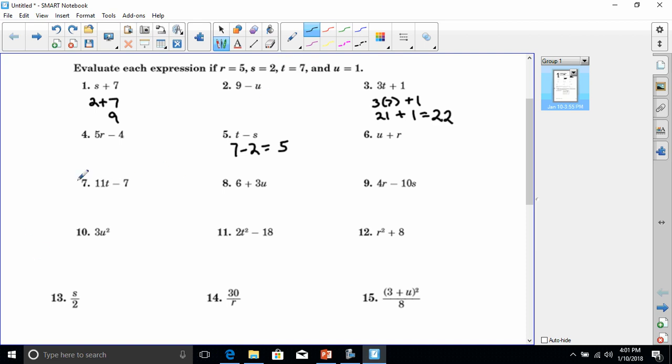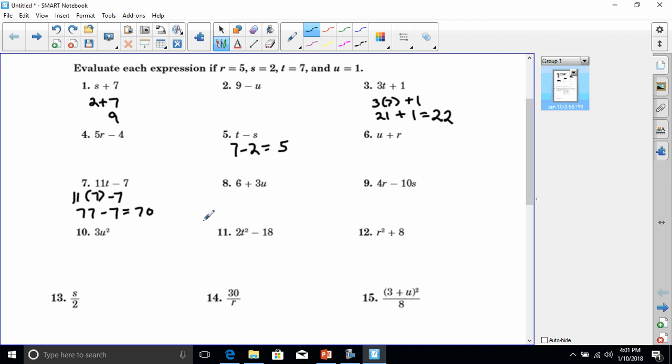Well, if t is 7, that's 11 times 7 minus 7. And that's simply going to be 77 minus 7, and of course, that leaves you 70.